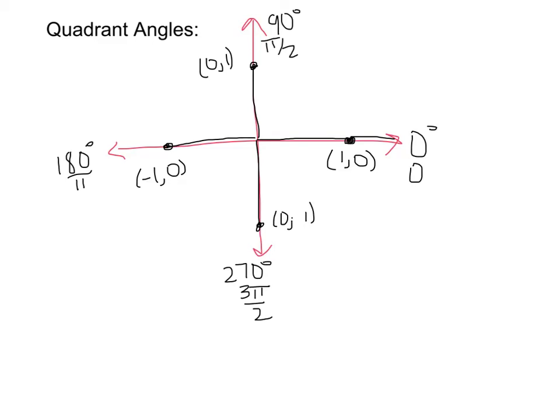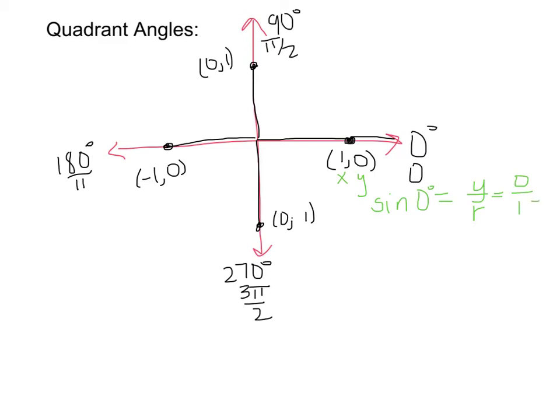So if we had to find the trig functions of our quadrant angles, we can start with 0. Remember, this is x, this is y. Let's start with sine of 0. That's y over r, and we know that y is 0 and our radius is 1.